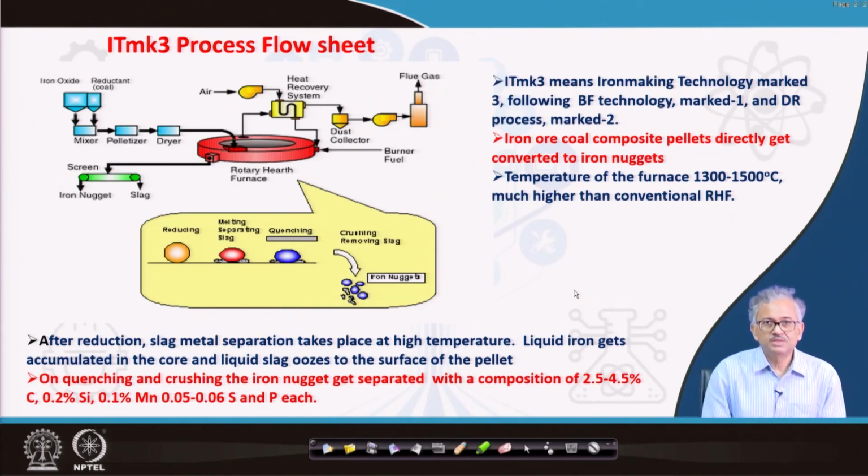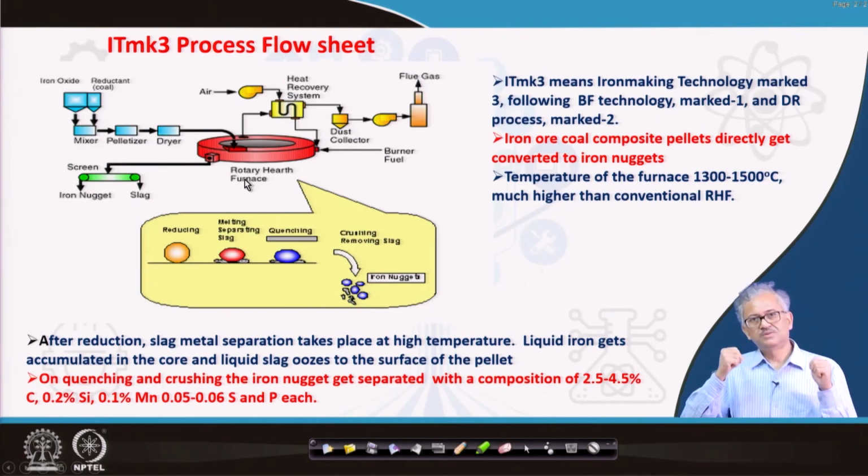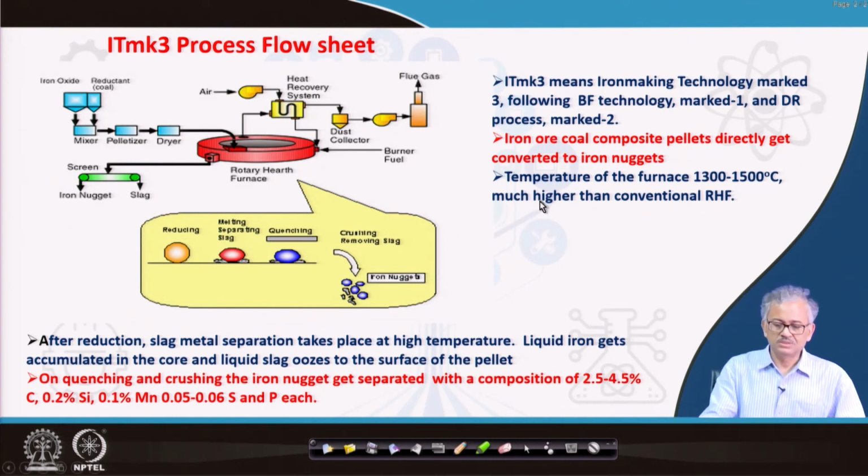It is also called Kobe Nuggets. But the major problem is that this process has not seen the light of commercialization yet, so it is not producing on a large scale. This process has some stringent raw material requirements, and process control is also an issue. Somehow this technology has not been commercialized successfully.